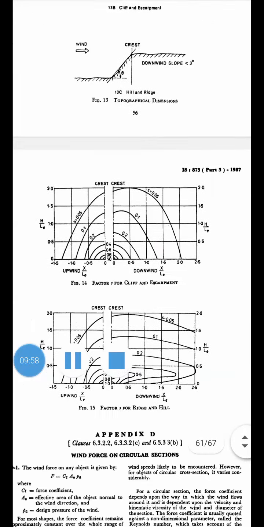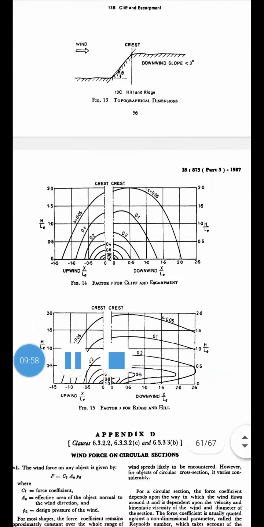Z is the height of the hill, 400 meters, so 400 by 0.3. Now h by Lc: h is the height of the building, so don't get confused, h is the height of the building, Z is the height of the hill. Lc value is calculated.